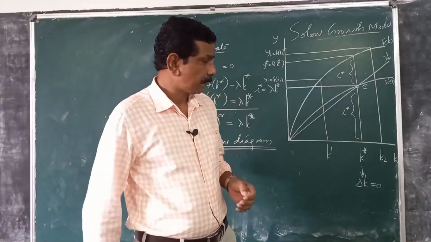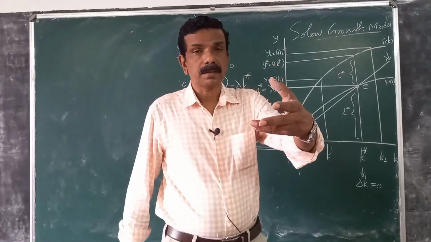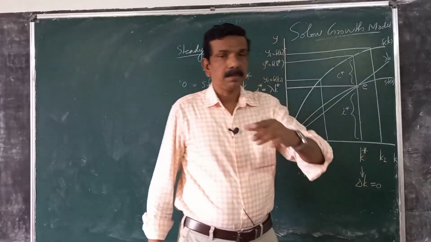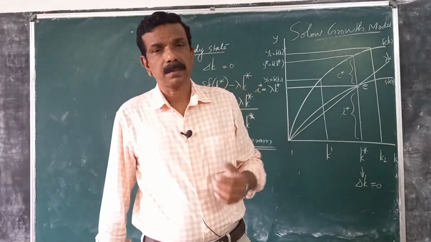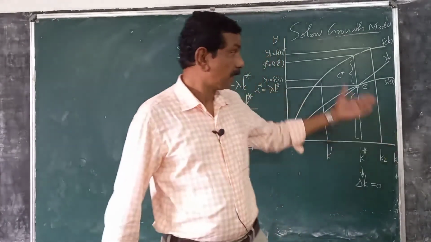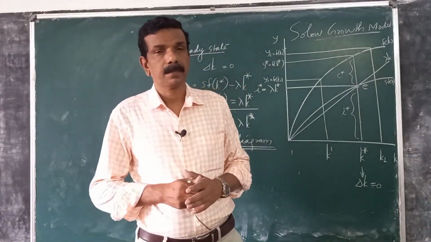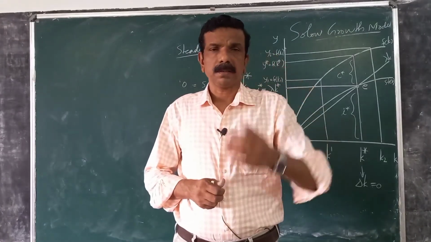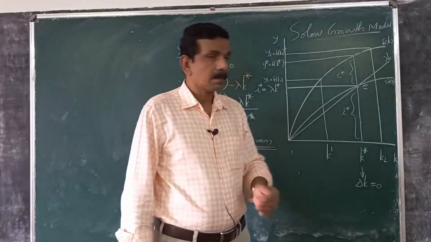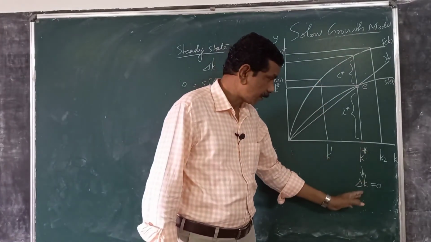This is the point where k by L neither increases nor decreases. This is the point where savings per worker, investment per worker, is equal to depreciation per worker. And this graph itself is the Solow diagram. Here we have defined the steady state.